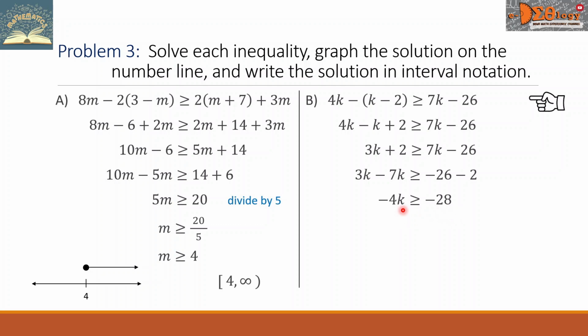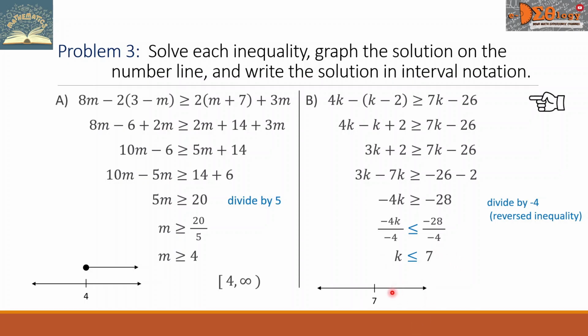We want this k value, so let us divide this inequality by the coefficient of k, which is a negative 4. We know that dividing by a negative value, the inequality must be reversed. So, negative 4k over negative 4, now less than or equal to negative 28 over negative 4. The left side now is simplified into k, less than or equal to 7 on the right side. This is our solution.